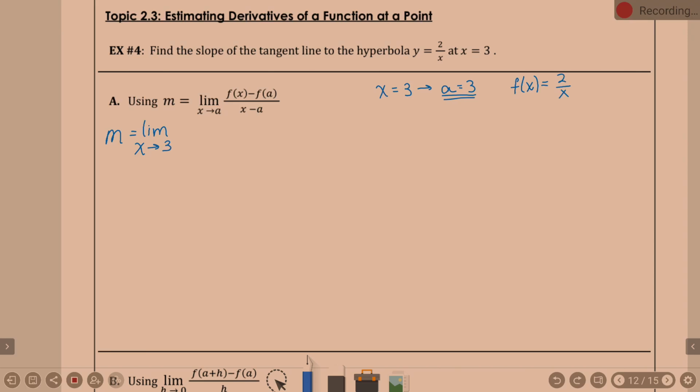Remember, y is equivalent to saying f of x. So just f of x, that's with nothing plugged in, that is 2 over x. Minus f of a. What's f of a going to be? With 3, f of 3. And so what's f of 3 going to be? 2/3. Now I'll take the 2/3.